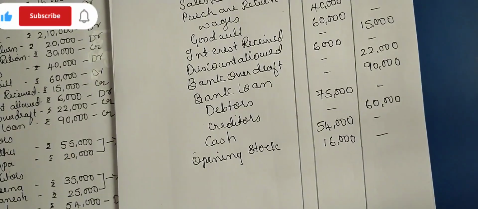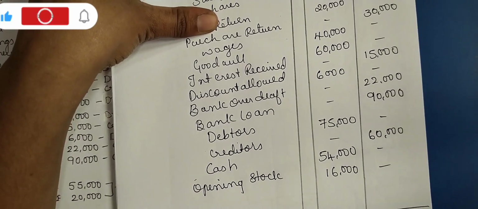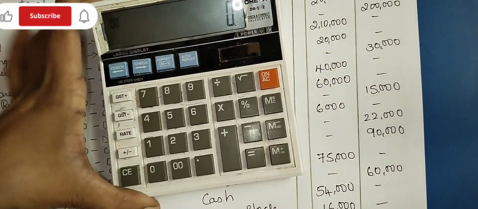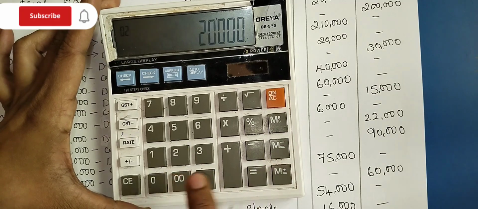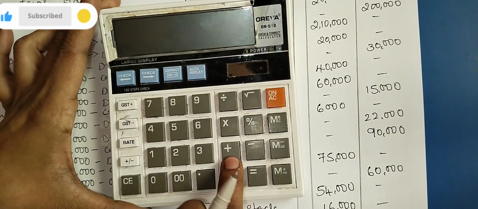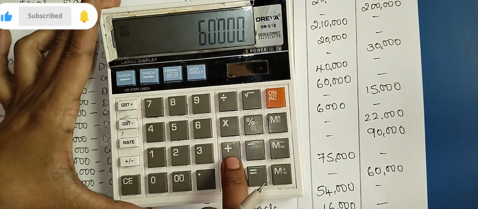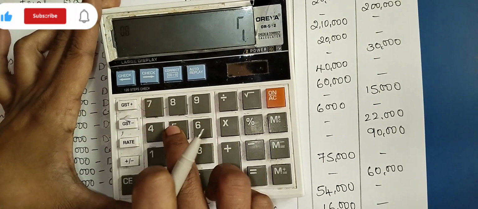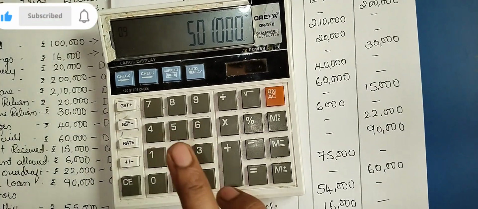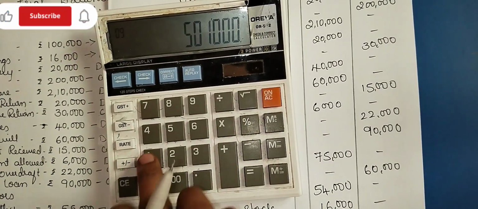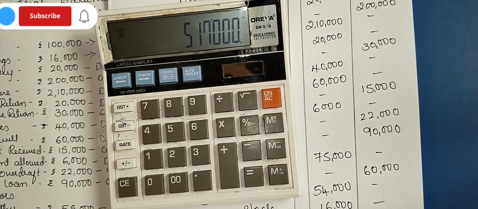Now we will total both the sides. First we will take total of debit side: 16,000 plus 20,000, 2,10,000, 20,000, 40,000, 60,000, 6,000, 75,000, 54,000, 16,000, 5 lakh 17,000.